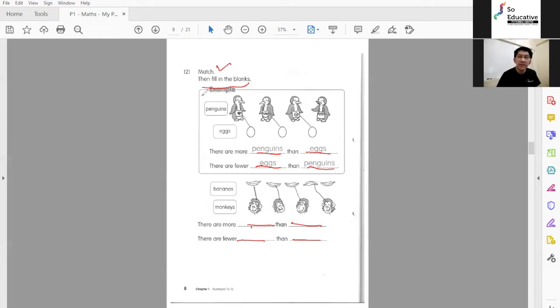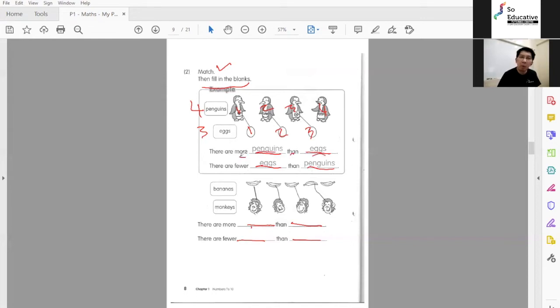First of all, let's count how many penguins are there. So 1 penguin, 2 penguins, 3 penguins, and 4 penguins. So there are 4 penguins here. So 1 egg, 2 eggs, 3 eggs. So here there are 3 eggs. So they ask us, there are more what than what?